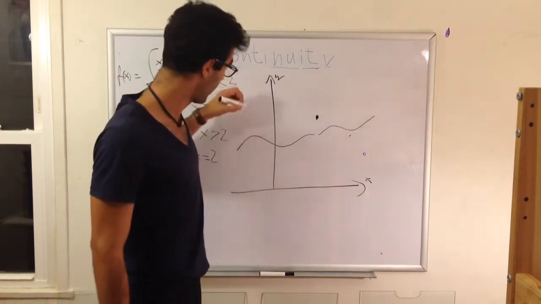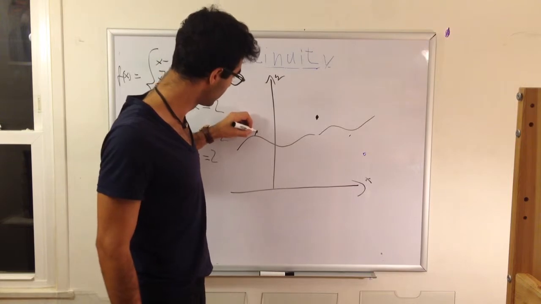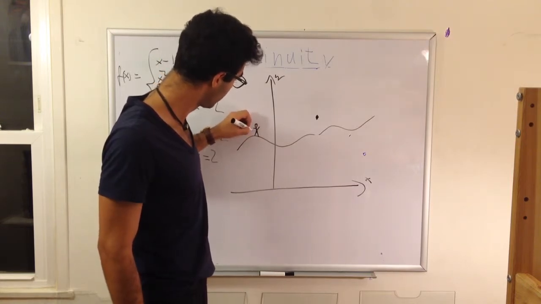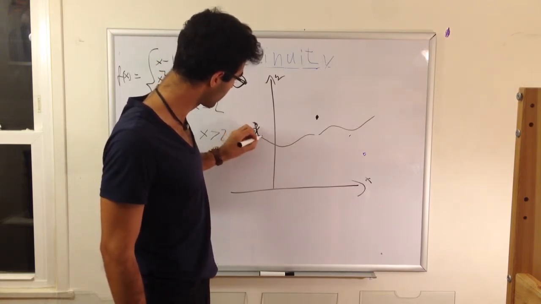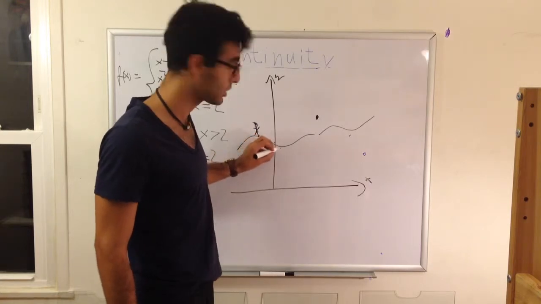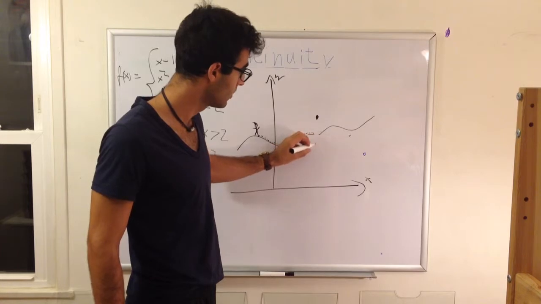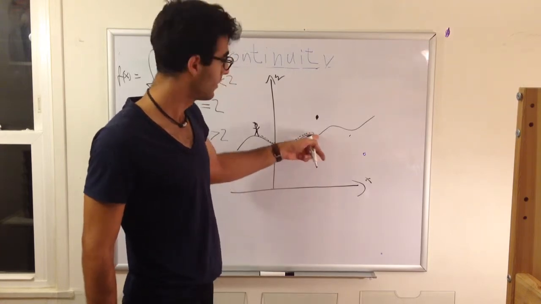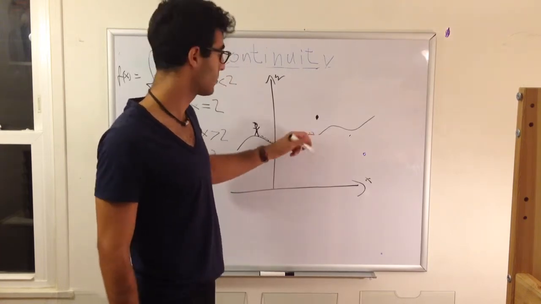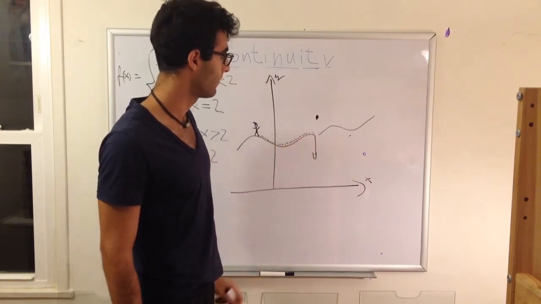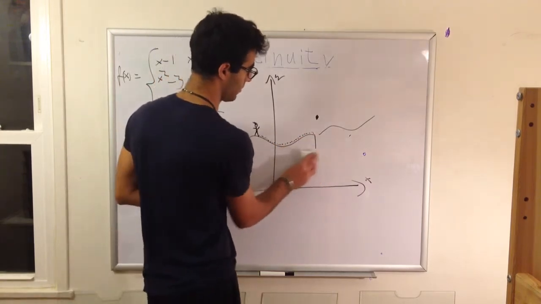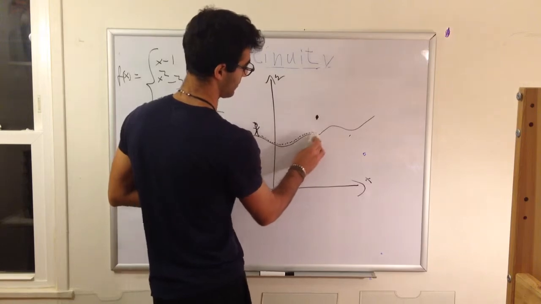Let's draw our little man right here, and he walks and keeps walking until he reaches here, and if he would continue, he would just simply fall, boom, down. And that's not cool. So what's happening?